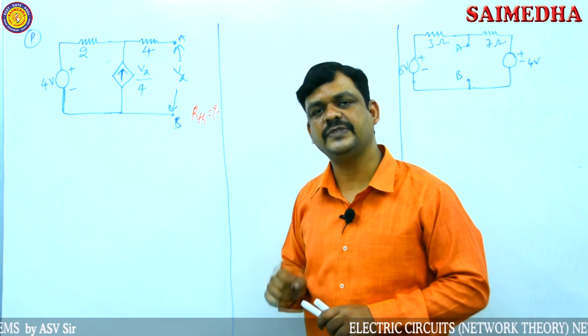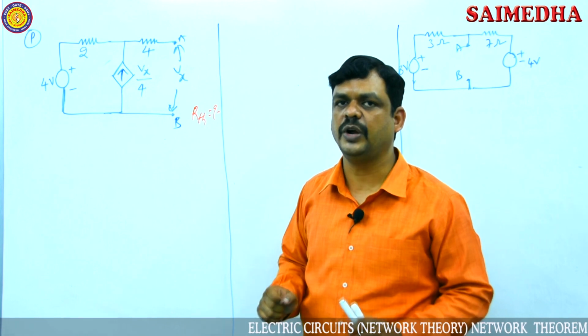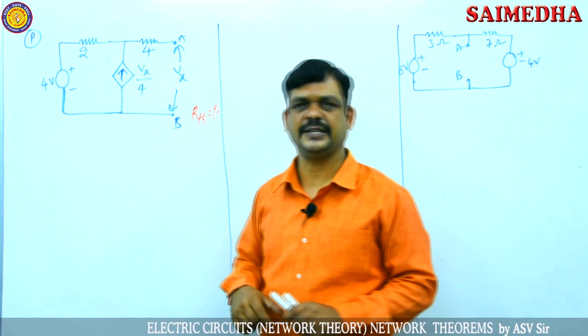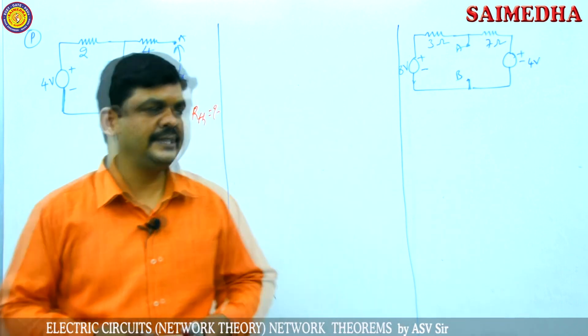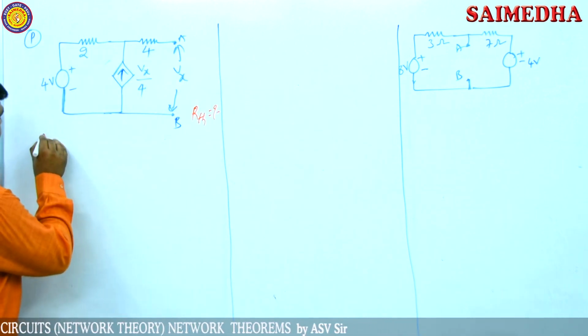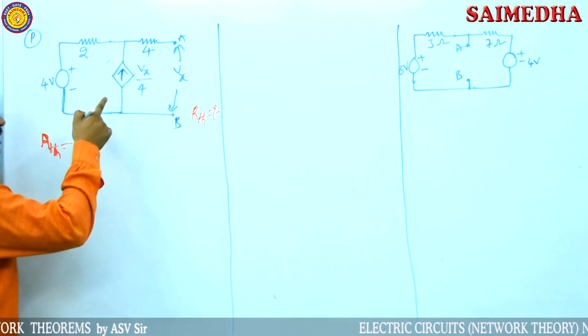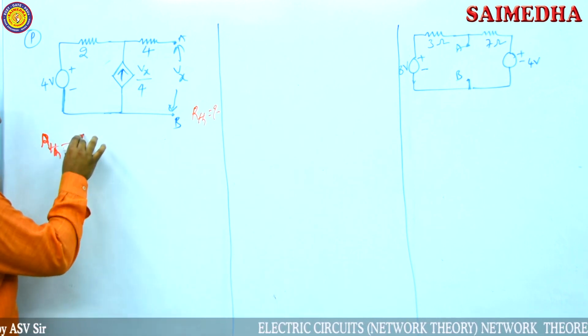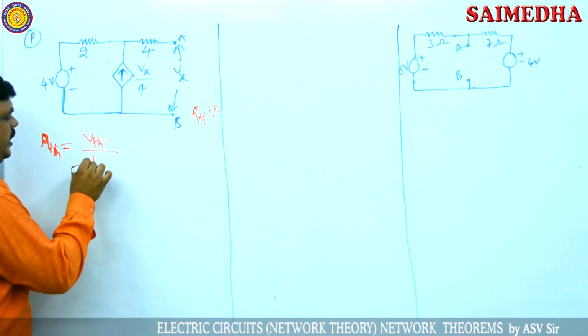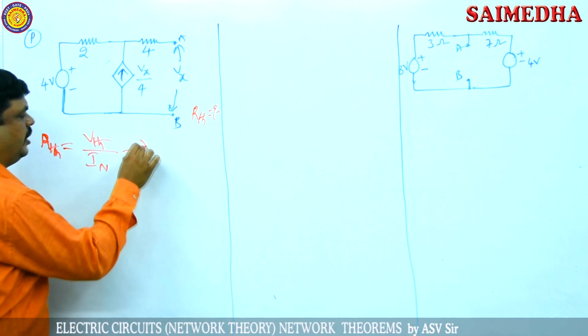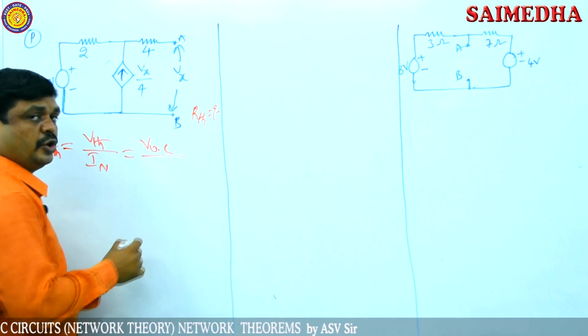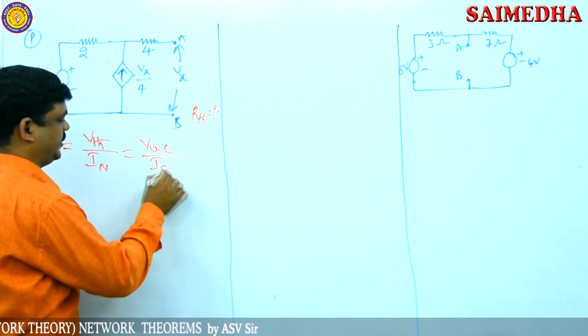So if the network consists of a dependent source, we have to find the Thevenin's and Norton's current. From that analysis, RTh is, if the network consists of a dependent source, compulsorily Vth divided by the Norton's current, or VOC, the open circuit voltage, divided by the short circuit current.